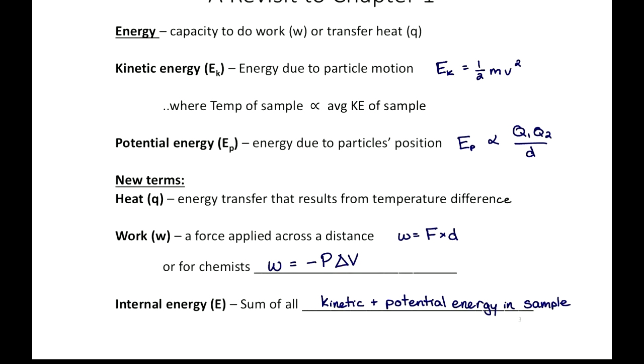Comparing this equation and the physics equation, the units work out. But the idea here is that work done by chemical reactions is typically made by changes in volume of that gas sample. So do keep that in the back of your mind. We won't really be using work equals force times distance. We'll be using this one. And that negative sign is important here. I'll talk about that in a little bit.